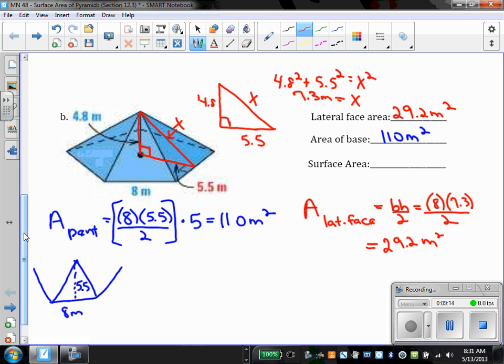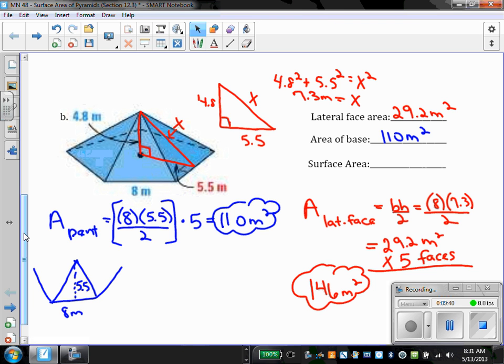So again, I'm going to cloud this because this is the area of our base. We're going to take this lateral face calculation and multiply it by 5 because there are 5 faces. When we multiply those together, that gives you 146 meters squared. And I'm going to cloud this.